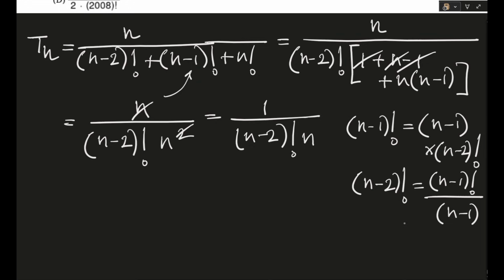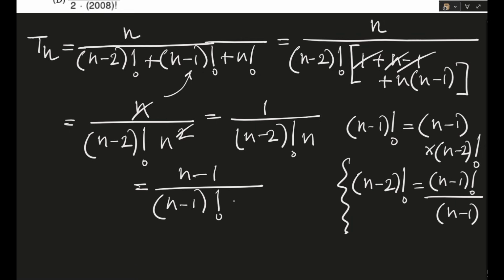There's a general formula for this. Anyways, we have derived it, and that is the best thing if you have low retentivity. If we want to convert n minus 2 in terms of n minus 1, we can write this as n minus 1 by n minus 1 factorial into n.